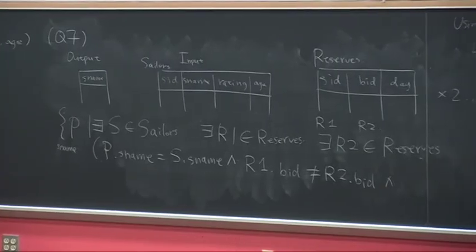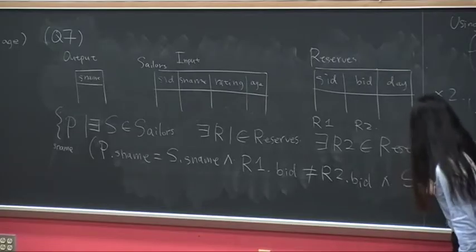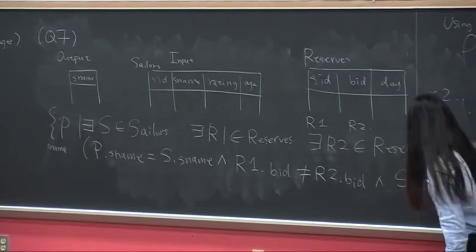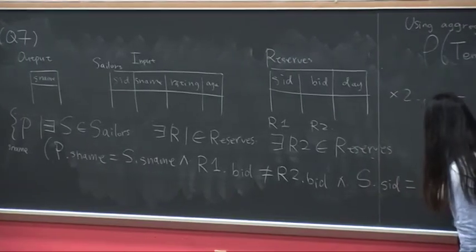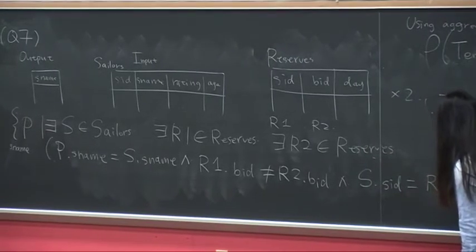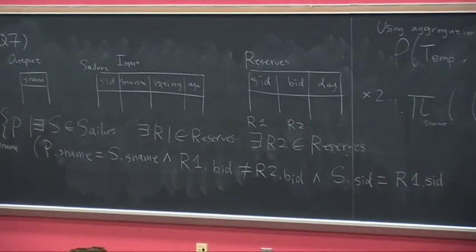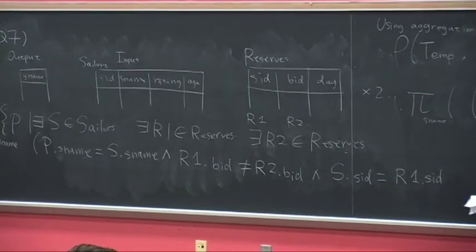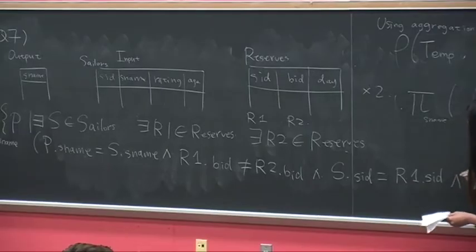S dot SID is equal to R1 dot SID, and S dot SID is equal to R2 dot SID. But then we only keep one equal in a term.